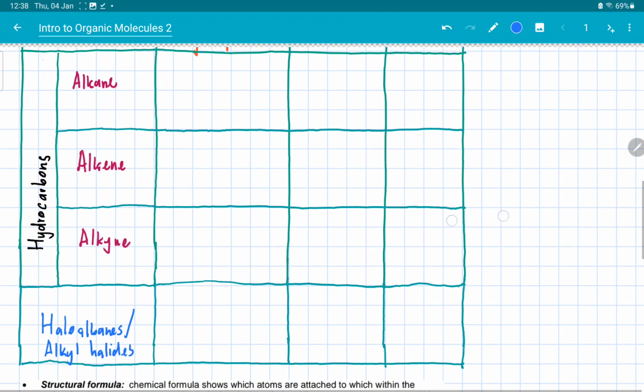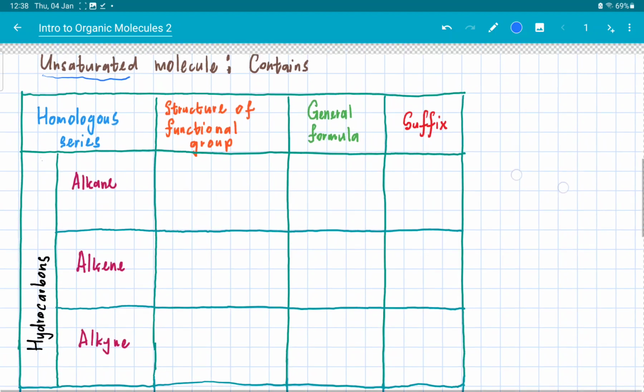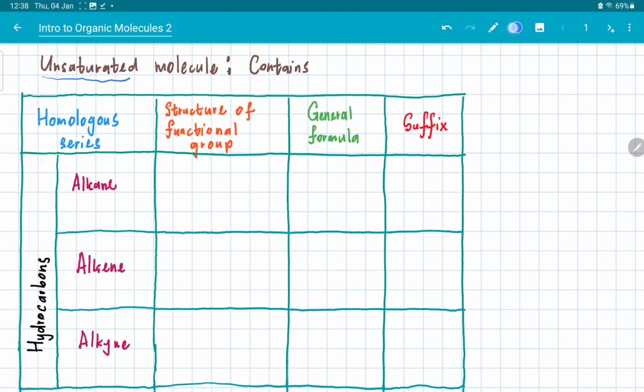So they are a different category of homologous series. Now let's start with the hydrocarbons. If you have hydrocarbons, they are going to have different functional groups. Alkanes don't have the same functional group as alkenes or alkynes. Why?